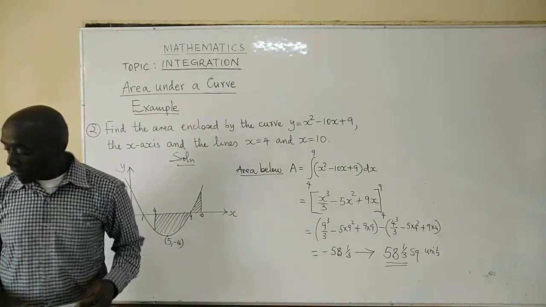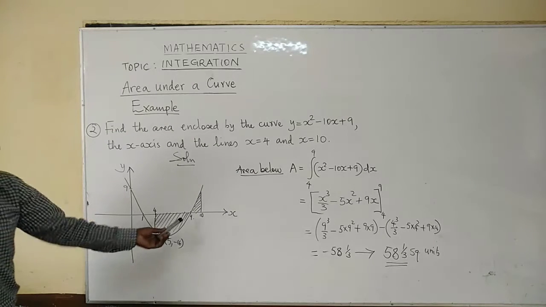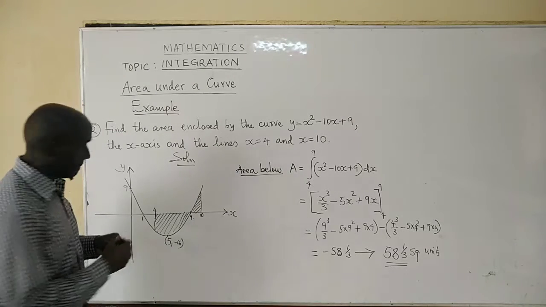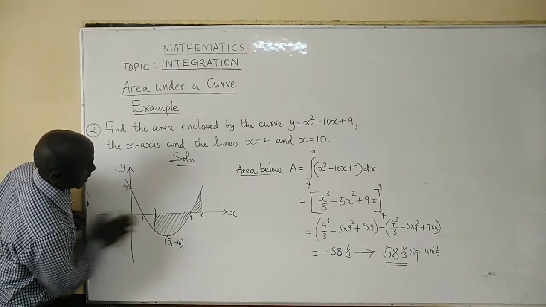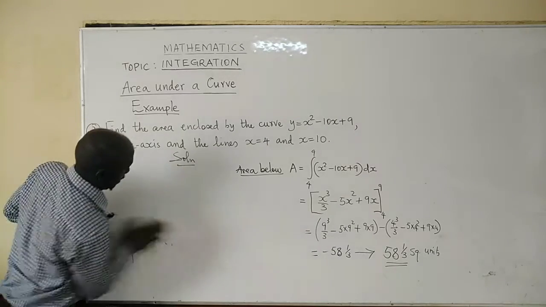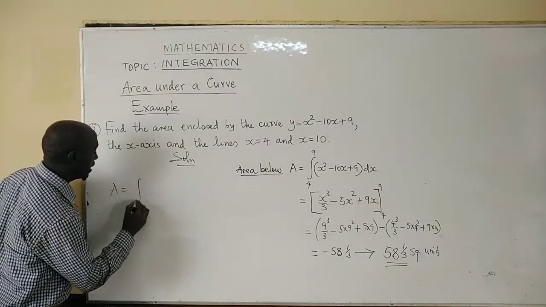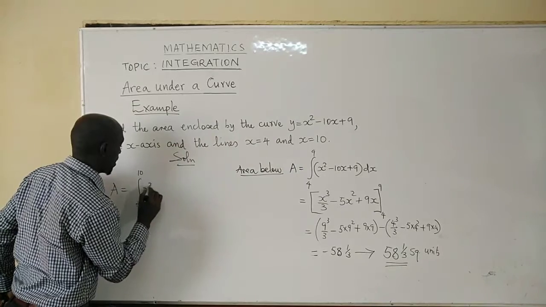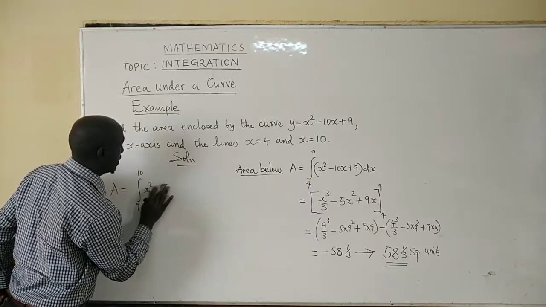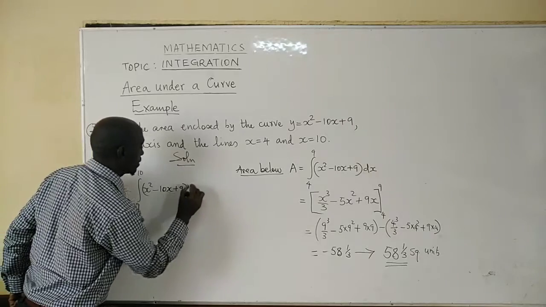We now find the region above the x-axis. This one, from 9 to 10, we do the same, my dear learner. Let me use this space. So area equals, you integrate now from 9 to 10, the same curve, x squared minus 10x plus 9 with respect to x.